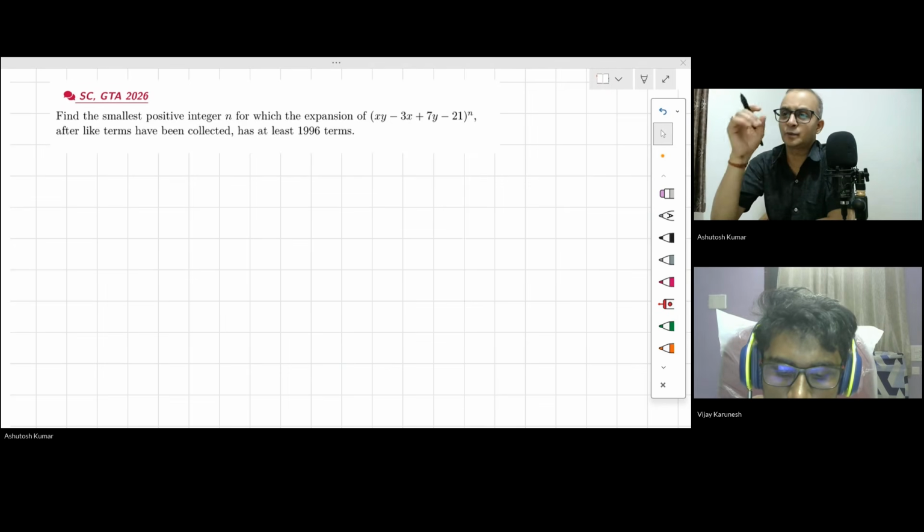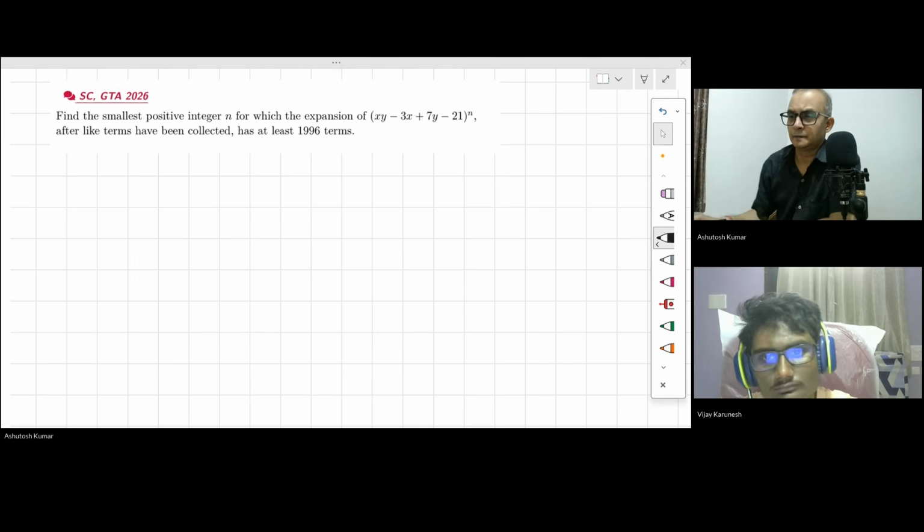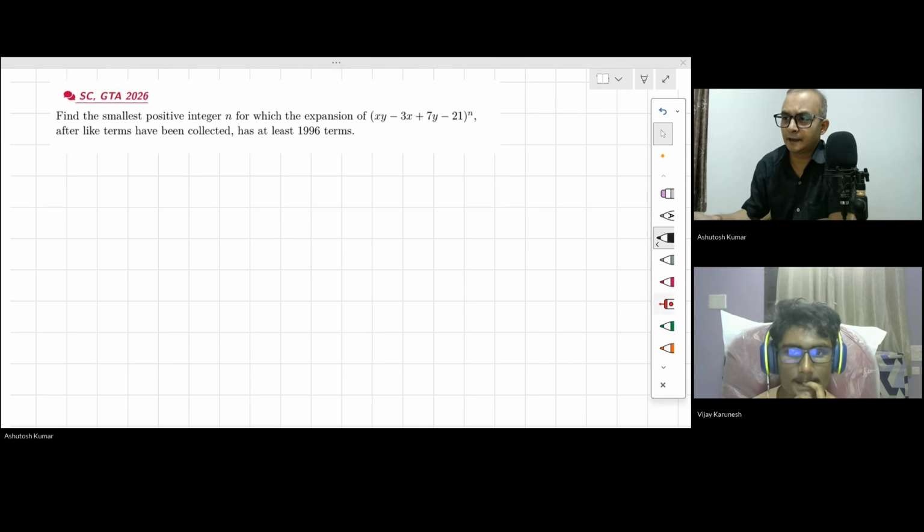But is it possible to write this as two different binomials? If it is possible, our work will be a little bit easier. We could take these two together and these two together, but it's not a smart way.